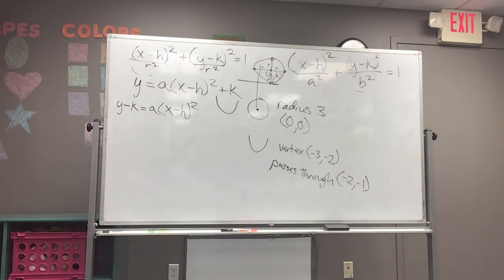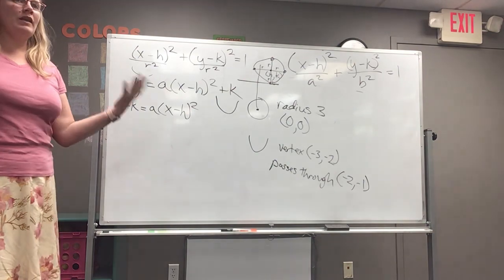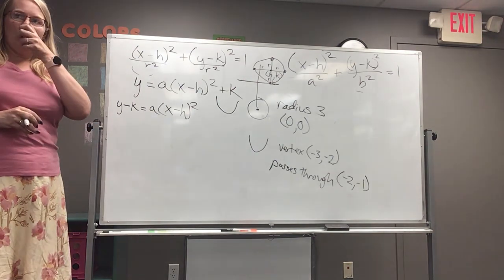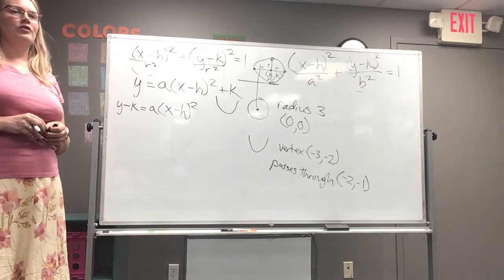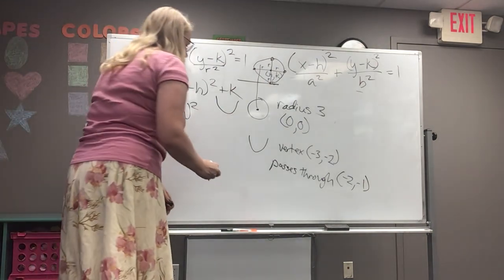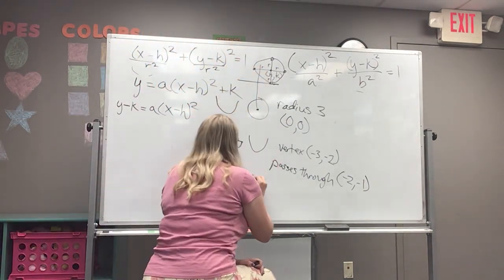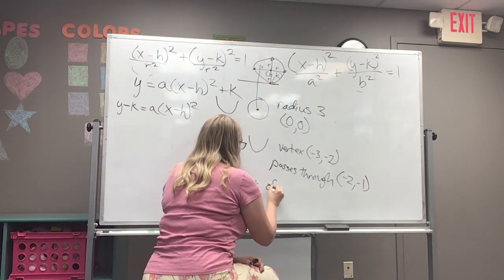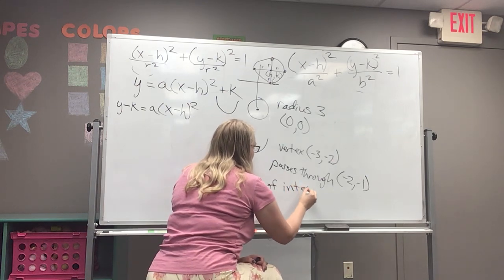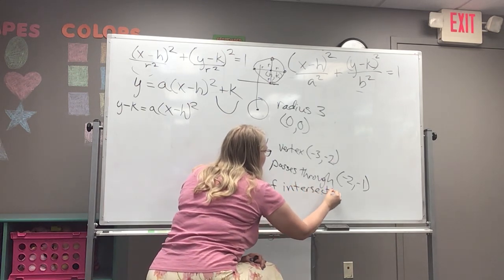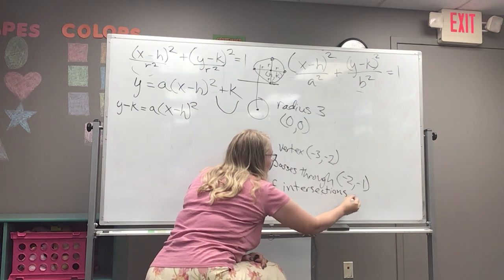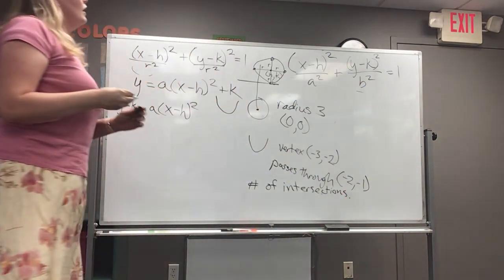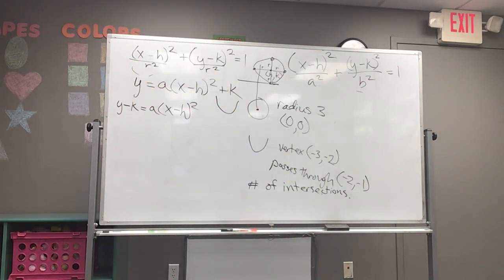And the question is, the circle and the parabola intersect at how many points, or how many times will the parabola cross the circle? I want the number of intersections. I'll give you 3 minutes to work on this one.